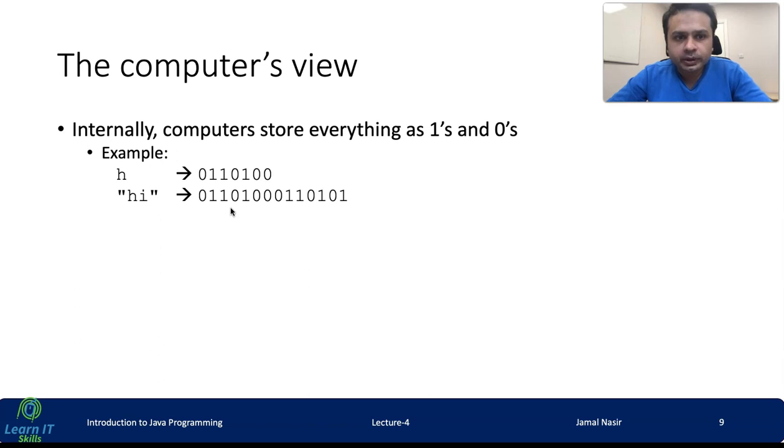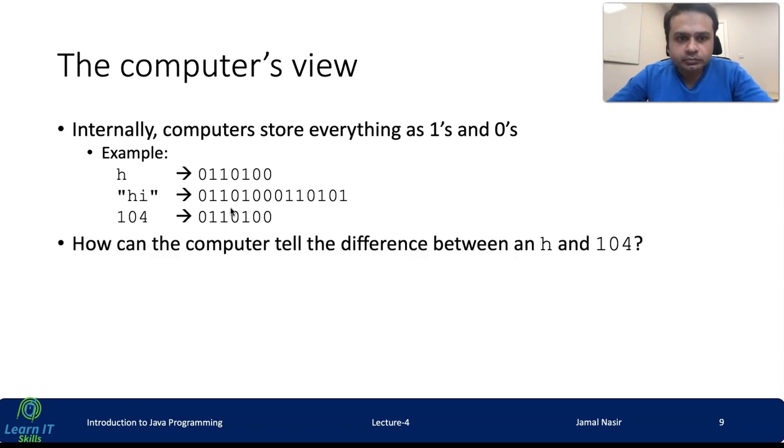Or it could be a string "hi"; for each character we have some code and then we can convert it into 01 representation. And 104, obviously if it's a number, we can also convert it into binary. But how can we differentiate between this h and 104, right? Because both of them have the same representation.